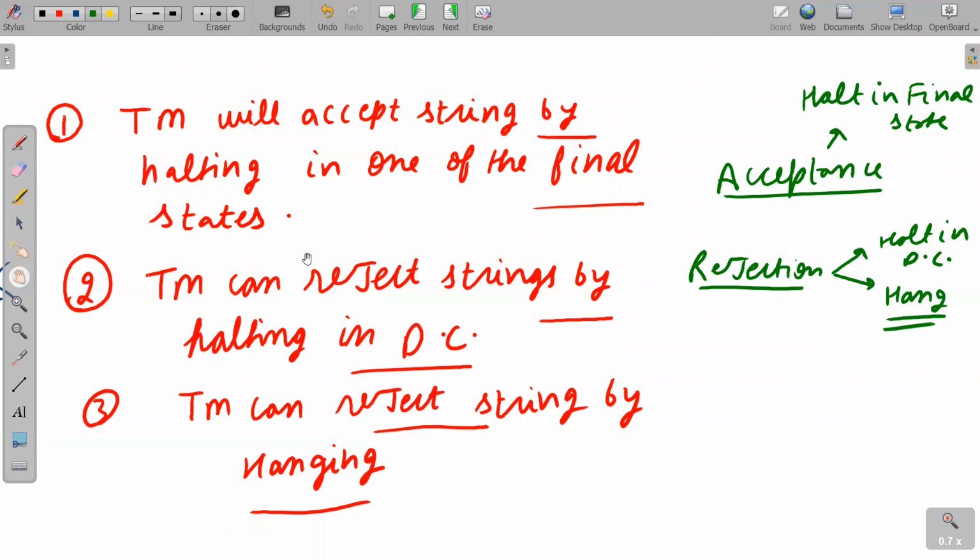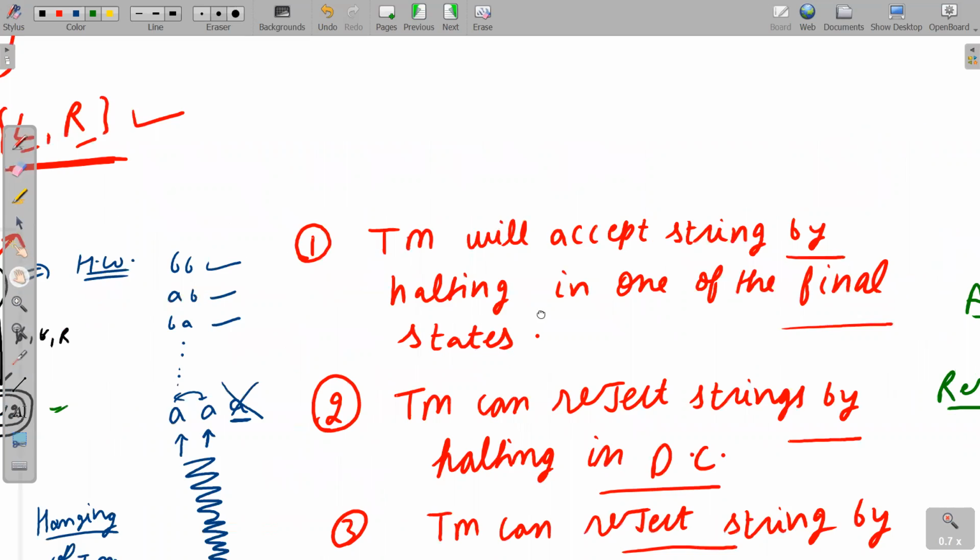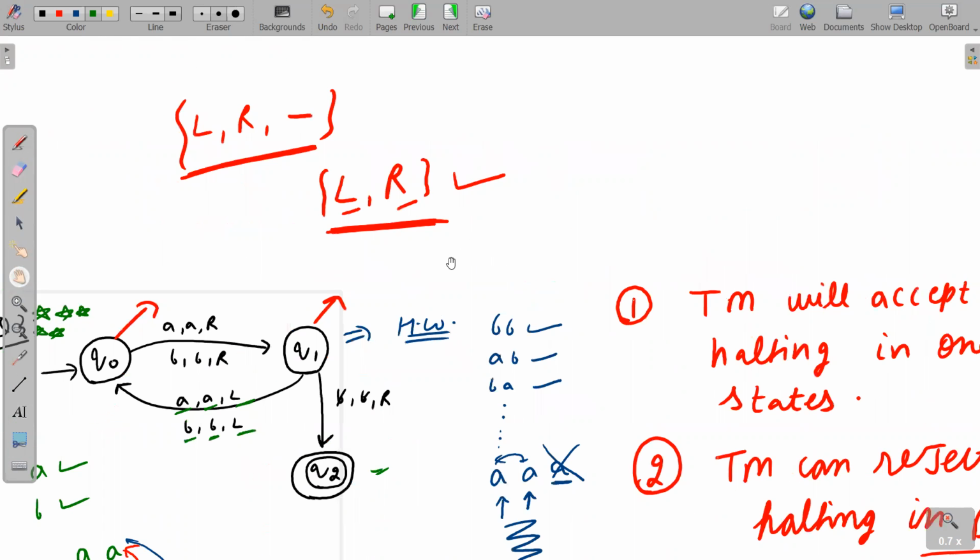Now, the main thing is that for an actual Turing machine, for each and every non-final state, we have only 2 choices for the read-write head: move either left or right. It cannot stop. But in one of the variations of the Turing machine, we have a choice of not going anywhere; in a non-final state also, the Turing machine can halt.